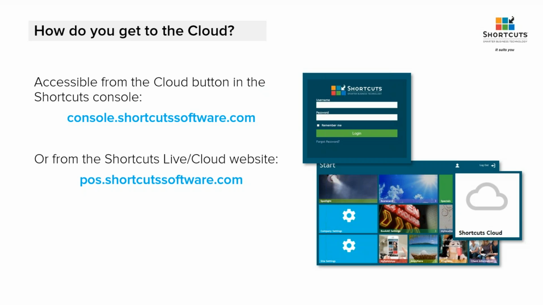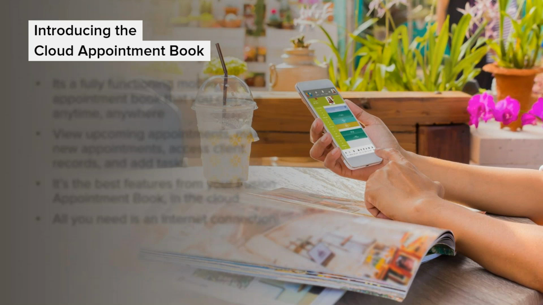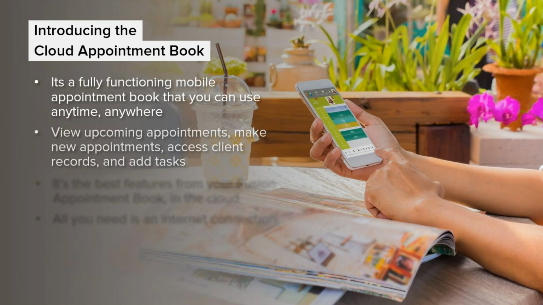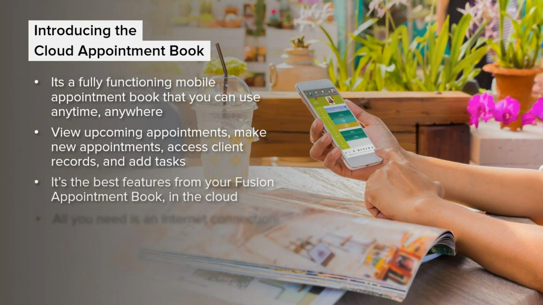Once you're in the cloud, it actually has the same basic functionality of the traditional Shortcuts point of sale. So it is a fully functioning mobile version of the appointment book. So if you're at home, if you're traveling, whatever the case is, you can actually use the cloud to make appointments, search for customers, add notes, do things like that.